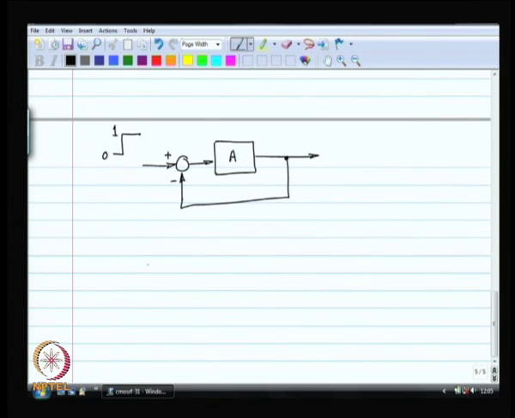In any case, this particular control system has a gain. This is the input, this is my output, the gain output by input equal to A by 1 plus A, open loop gain divided by 1 plus the loop gain.